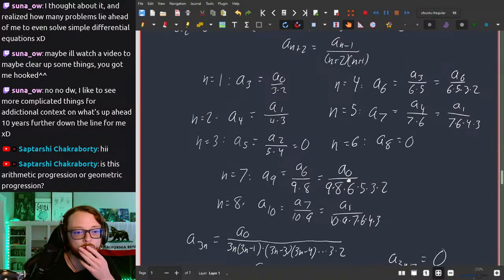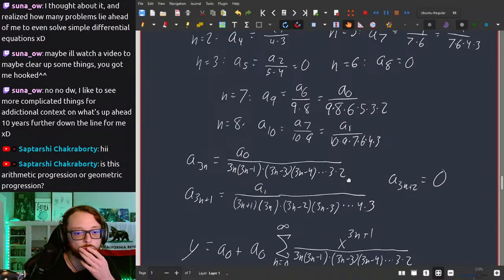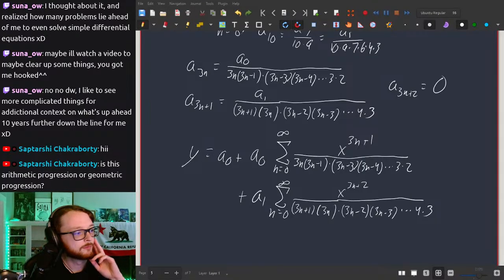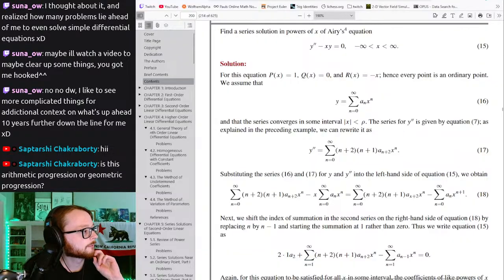And then when n equals 2, so 2 mod 3, we have that. I feel like I messed this part up, I'm gonna be real. Let's see what the answer is, because I'm kind of sick of shoveling symbols around the page now.